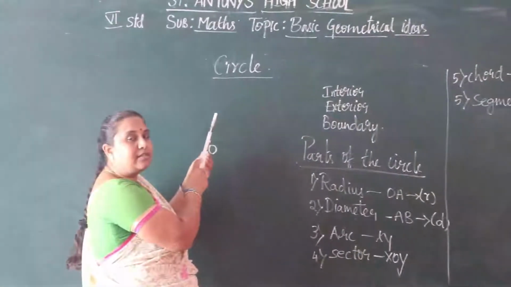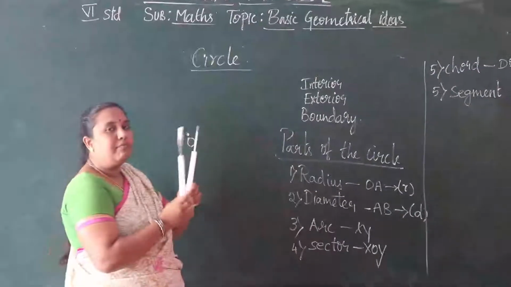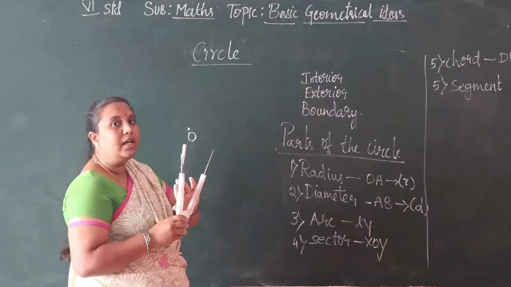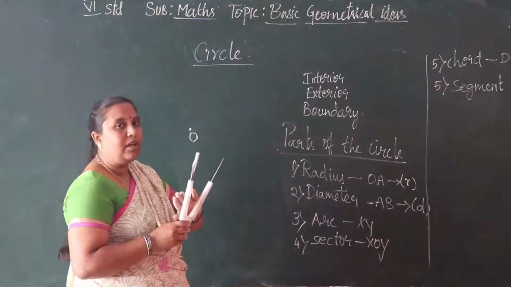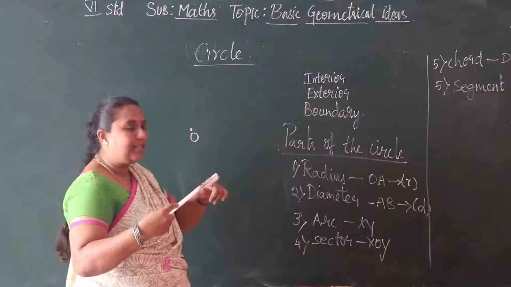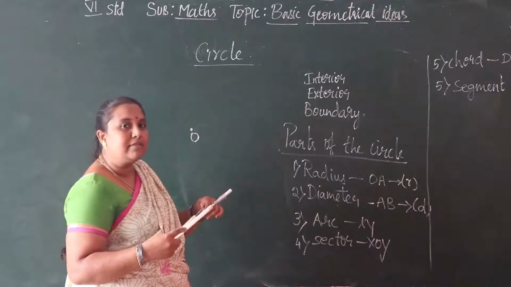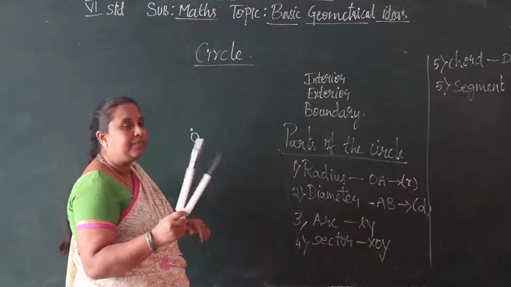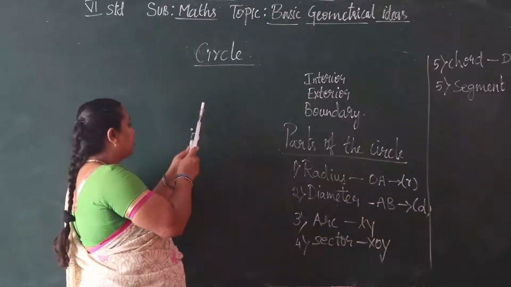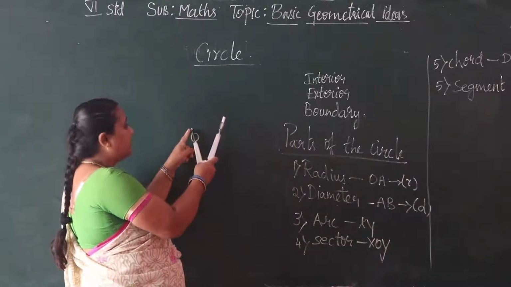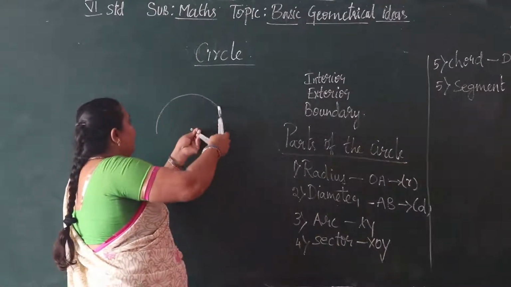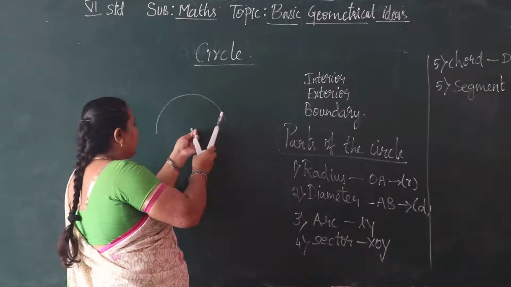We measure 5 centimeters on the ruler and take that measurement with the compass. Using the center point, draw a circle with the compass.